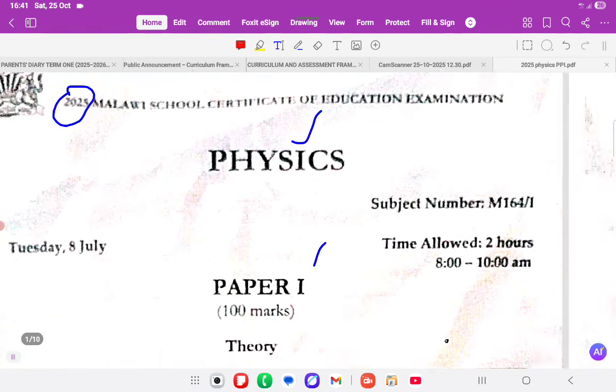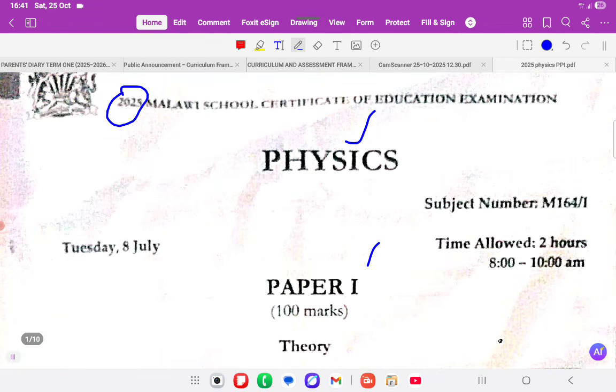Just some quick details about the paper. The subject number is M164/1. M stands for MSCE, and the subject number is 164/1. Stroke 1 means it's paper 1.